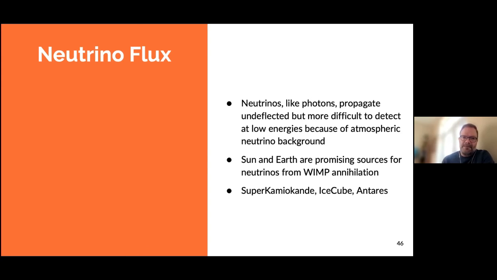And experiments that are looking at this are Super-K, IceCube, and ANTARES. If you look at WIMPs that annihilate in the center of the sun, neutrinos are the only thing that really can escape that and arrive at us sort of unmodified.